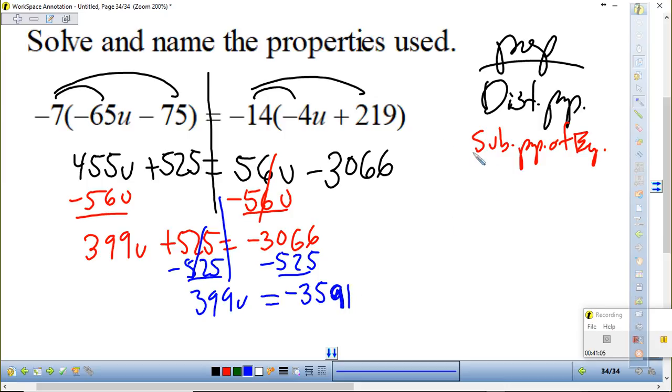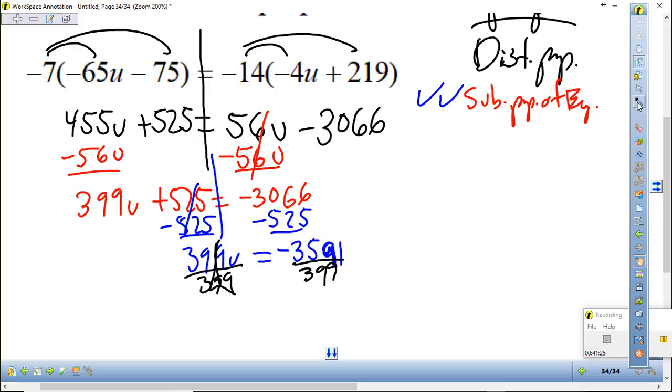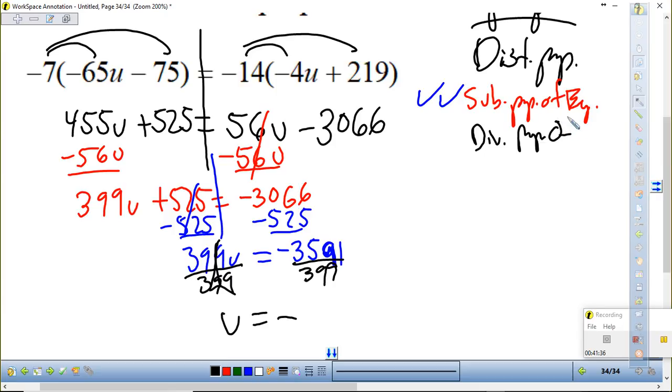And that's subtraction. You don't have to rewrite it again. Just put two check marks that it's two of them. And what is our last step? Divide by 399. Divide by 399. And that leaves us with u equals negative whatever that is. Oh, and we divided, division property of equality. And I'll wait for you guys to do the computation.